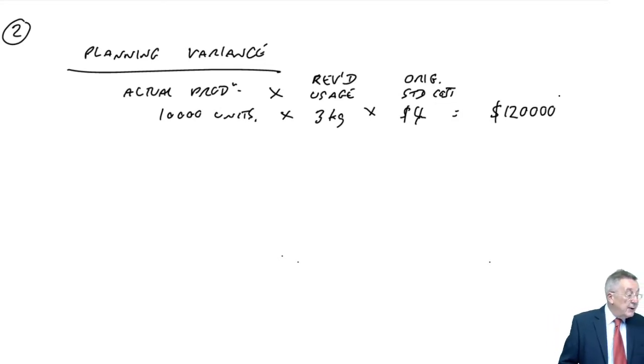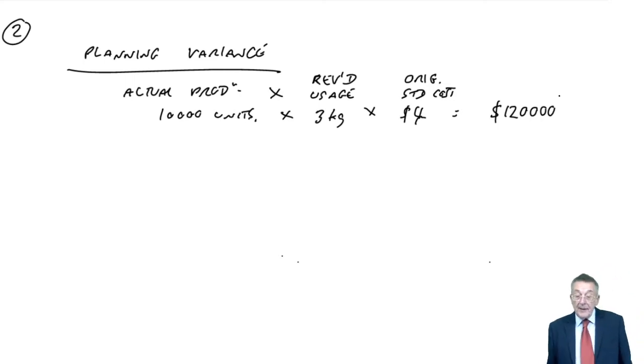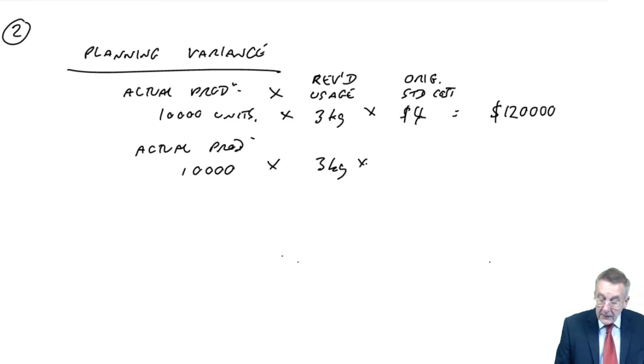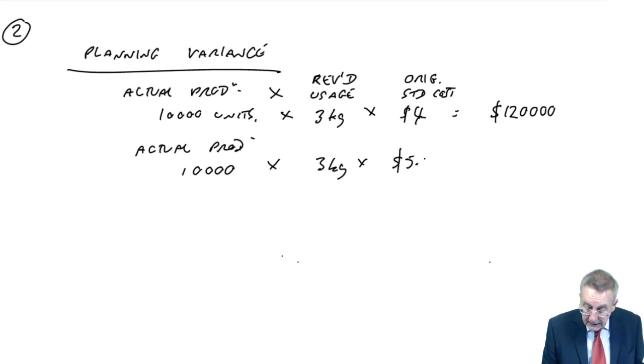It turned out that the global price was higher, so we should have had a standard cost, had we known, of $5.20. And so we compare the original cost to actual production, 10,000. The revised usage, we still expect to use 3 kilos, but we would now expect to be paying $5.20 a kilo, which gives us a total of 156,000.